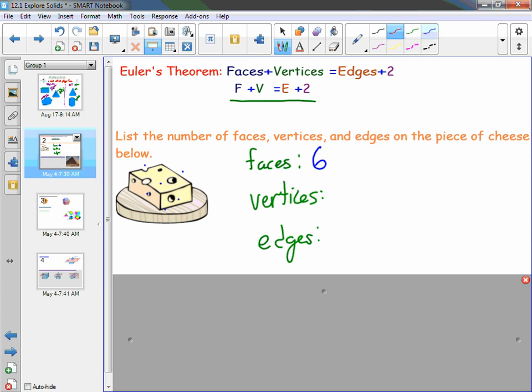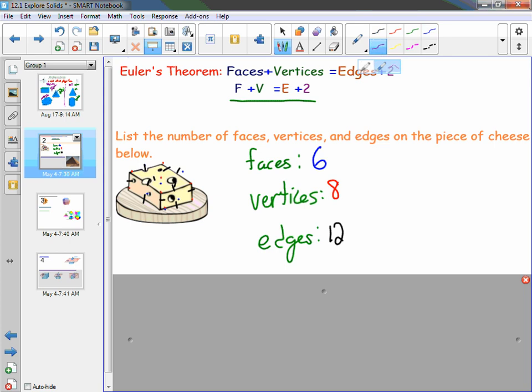How many vertices are there? The vertices would be 1, 2, 3, 4, and on the back side 5, 6, 7, 8. So we have 8 vertices. Number of edges: 1, 2, 3, 4. In the back, 5, 6, 7, 8. And along the sides, 9, 10, 11, and behind there would be 12.